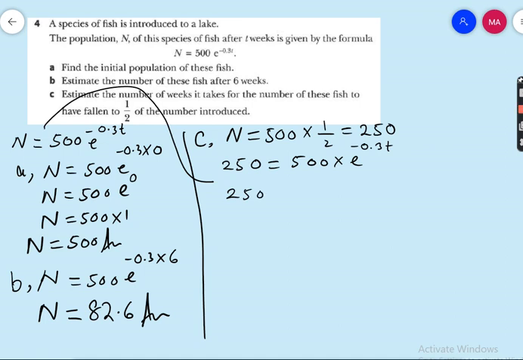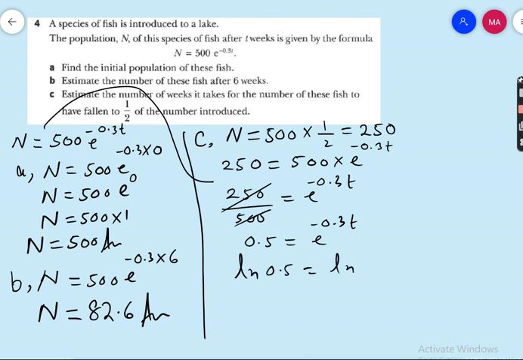So 250 divided by 500 equals e power minus 0.3t. 250 by 500 is 1 upon 2, that is 0.5, equals e power minus 0.3t. Because we need the value of t, we should take ln on both sides. ln 0.5 equals ln e power minus 0.3t. ln and e cancel. ln 0.5, and minus 0.3 is divided over here, equals t.